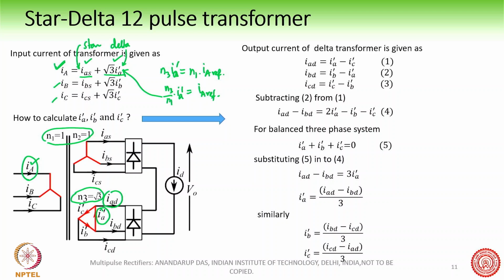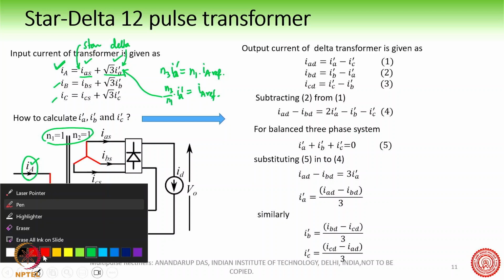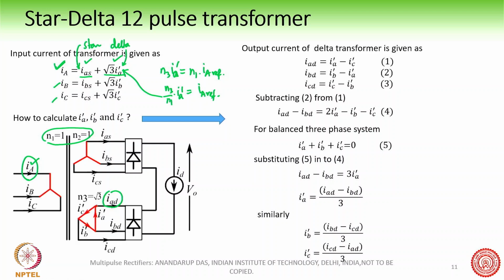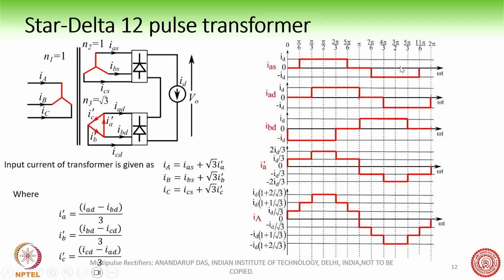By applying KCL at this point, we can immediately see that IAD, this current, is the sum of IA dash and minus IC dash. Similarly, IBD and ICD are similar. So we do a little bit of mathematical manipulation, and we subtract 2 from 1.